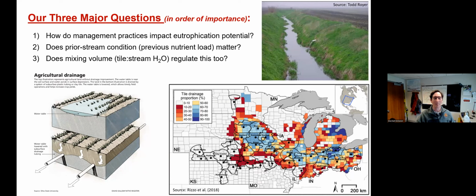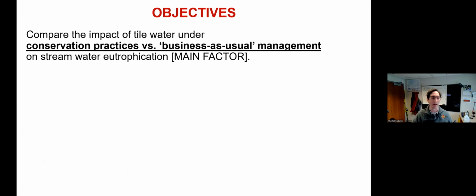What I mean by that is that you could have a tile flow that's very heavy, but an ag ditch that's dry or just has a small trickle. And so the proportion of tile water to that stream water is really high compared to a larger stream or ag ditch like this picture up in the upper right. And there's a trickle of tile water coming out as in the picture, and it's a lower mixing volume. So those are the three things we studied in this potential experiment.